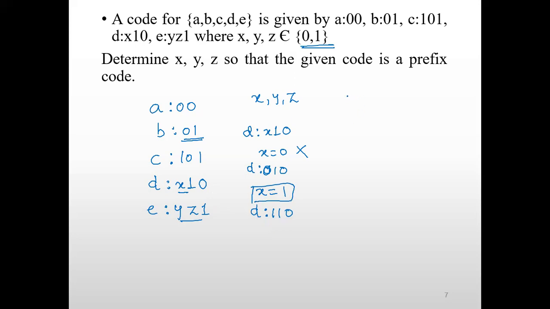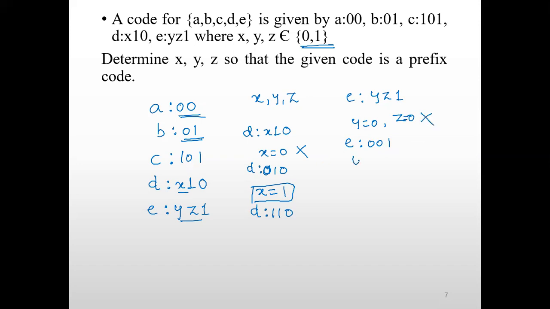Next, let's take E, that is YZ1. If we consider Y equal to 0 and Z equal to 0, then E becomes 001. But A, which is 00, becomes the prefix for E. Hence we can't consider Y equal to 0 and Z equal to 0.